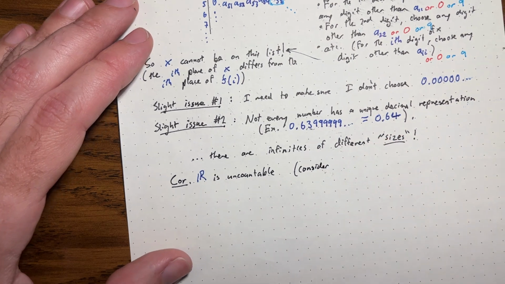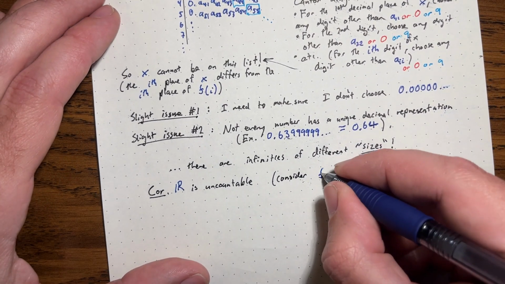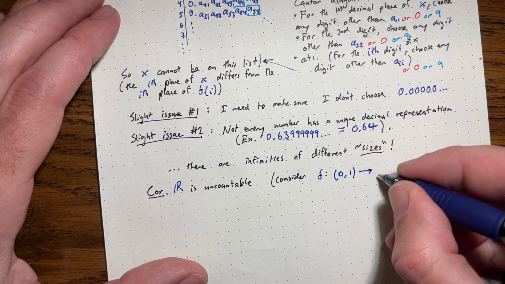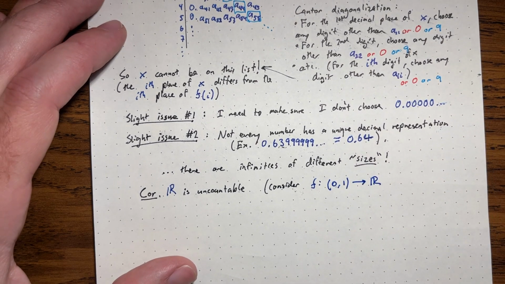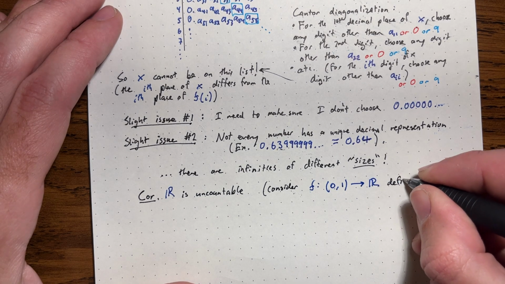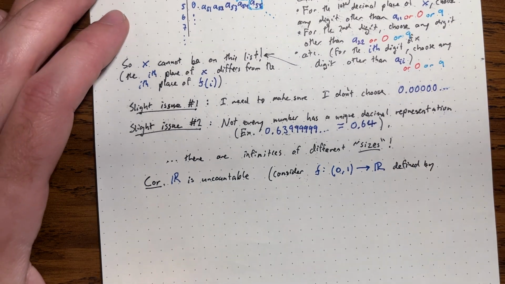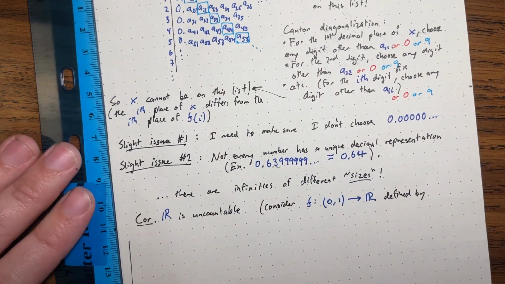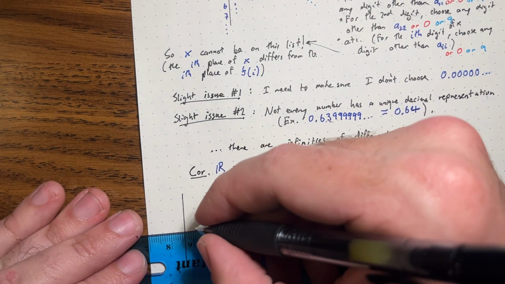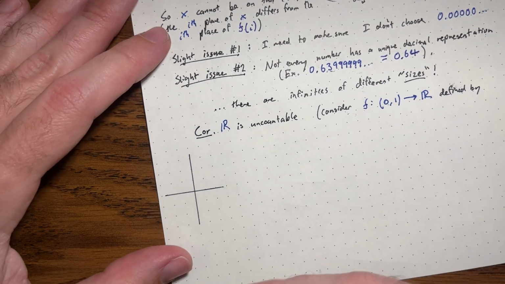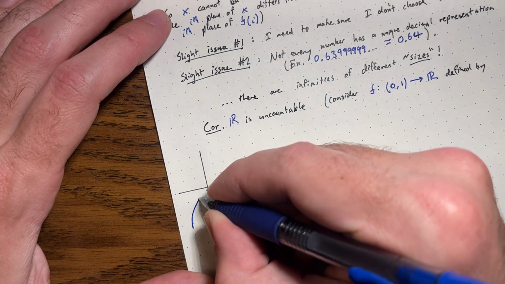Consider this function. We'll define a function from 0 to 1 to the real numbers, and here's the idea: we're going to use a function from trigonometry. This is one that often comes up in these arguments, so it's a good trick to remember. The tangent function. So what does tangent look like?